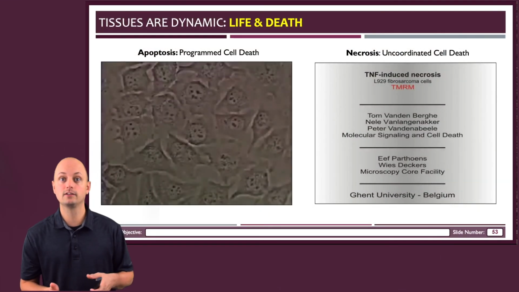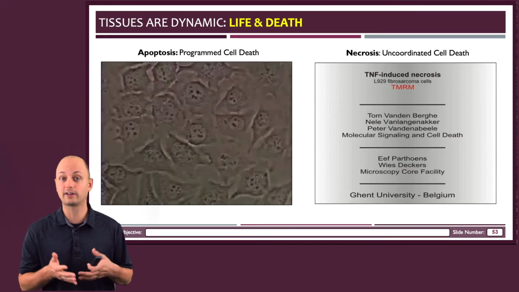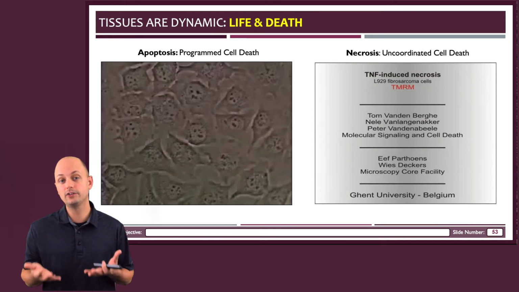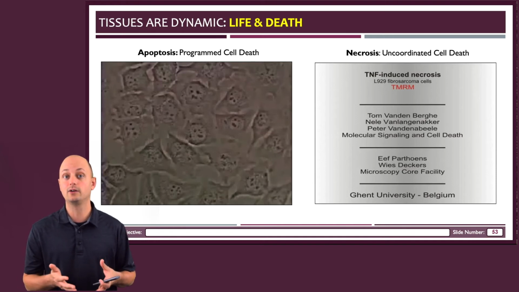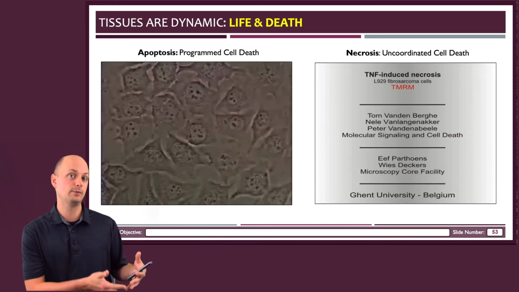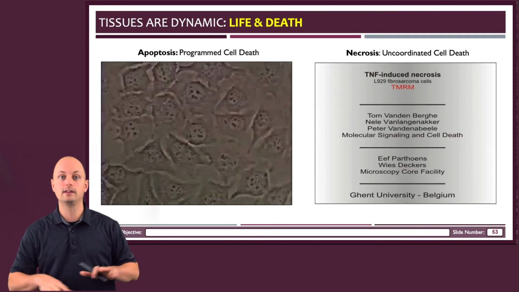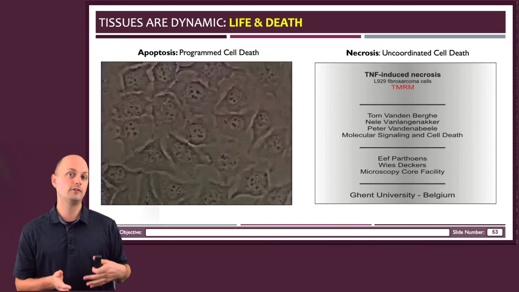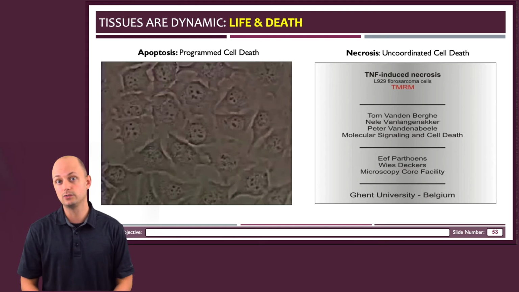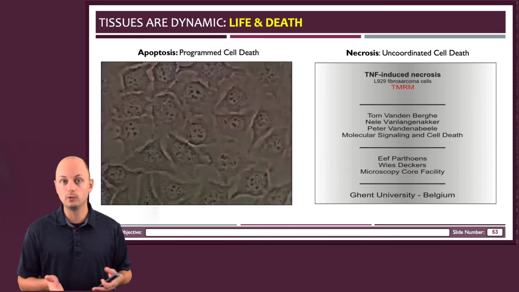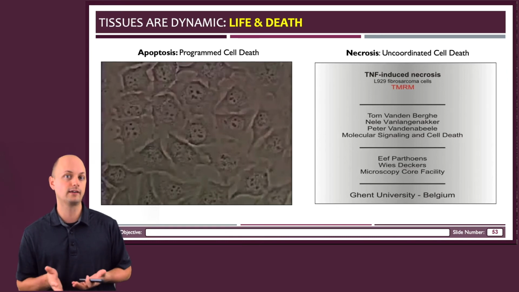In this situation, the plasma membrane is usually ruptured in response to some kind of physical or chemical trauma, and the cell doesn't get the opportunity to break down in a coordinated way like we see in apoptosis. Instead, in this case, the contents just spill out into the interstitial environment, and often that damages the surrounding tissues. And so for this reason, necrosis is considered to be abnormal and extremely undesirable inside the body.